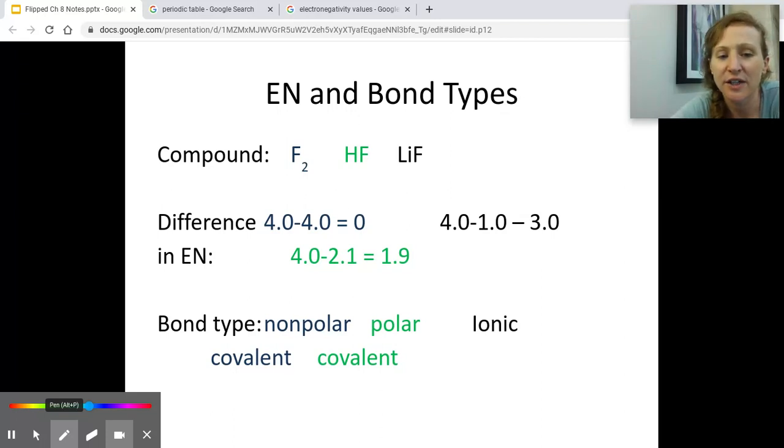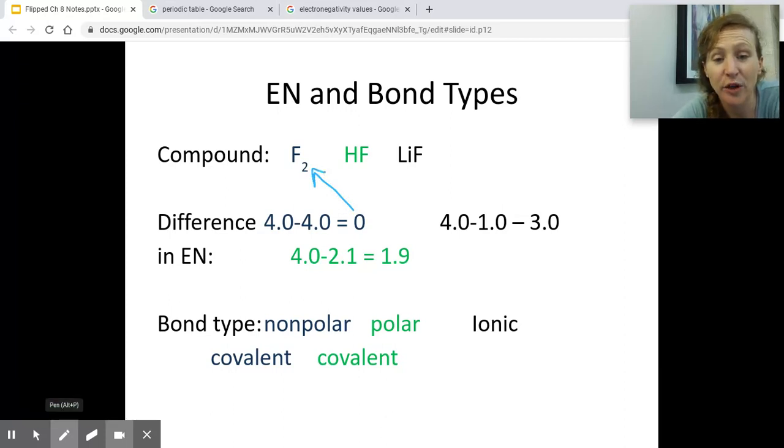If the difference is 0, it's going to be a non-polar covalent bond. I think it's something like 0.4 or 0.3 to 2.8-ish that is going to be a polar covalent bond. And then anything that's 3 or greater is going to be an ionic compound.